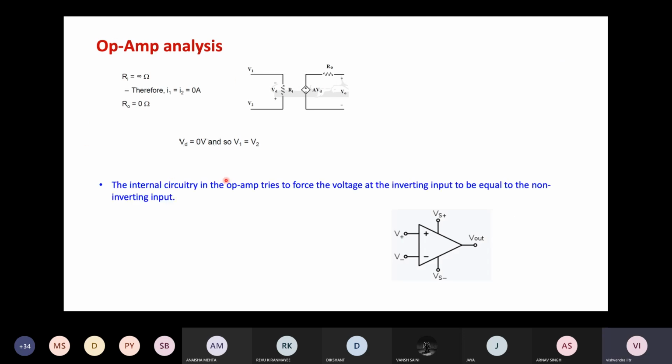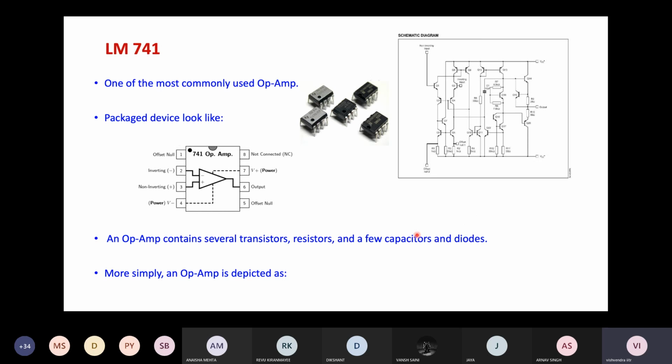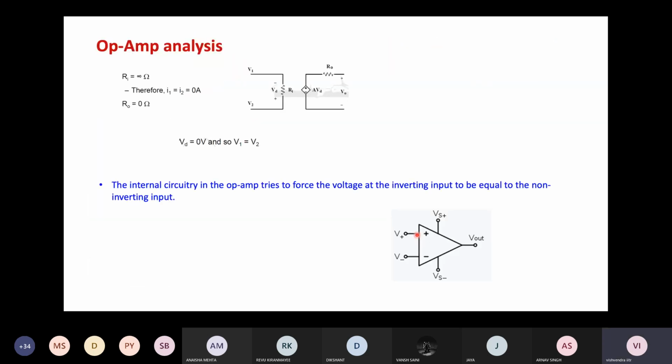The internal circuitry in the op-amp tries to force the voltage at the inverting input to be equal to the non-inverting input. So what it means is that the op-amp internal circuitry is such that the voltage on these two pins, pin number 2 and 3, basically the inverting and non-inverting terminals, is equal to each other.